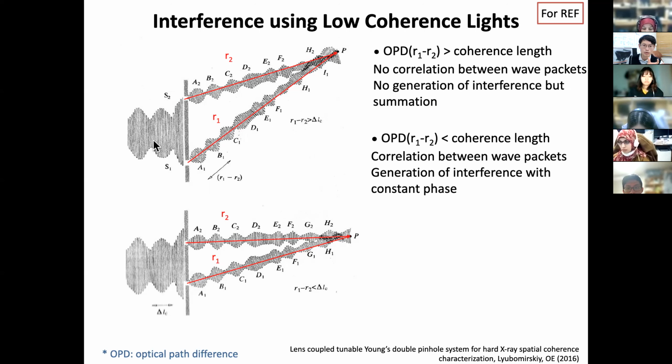Now we are going to be more realistic: the laser light getting in actually has a finite coherence length. What it means is that within this length, the phase relationship is maintained, and you can interfere the light. So in this case, you will have a strong interference, such that the optical path difference is less than the coherence length. What if you go farther and farther from the center?